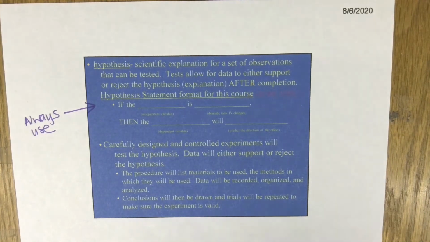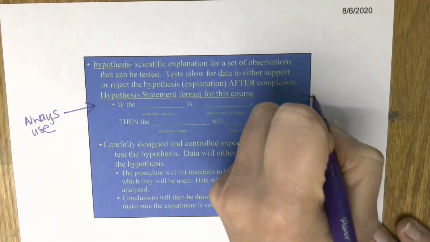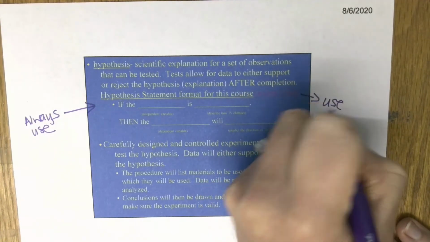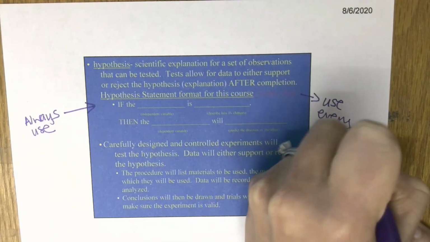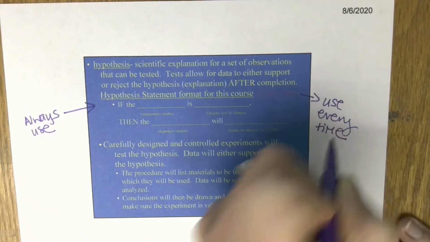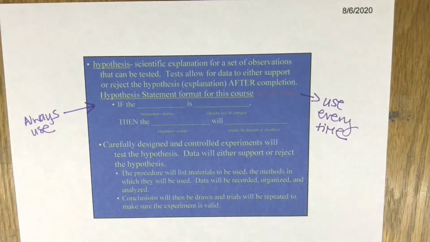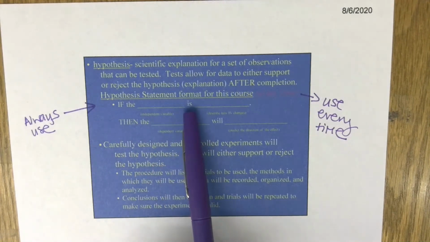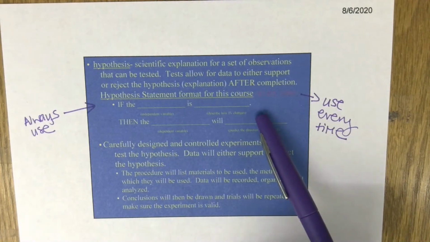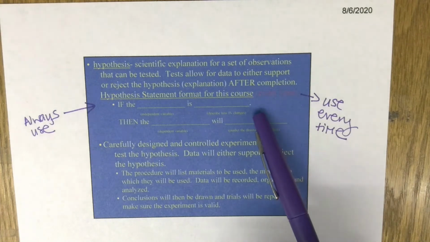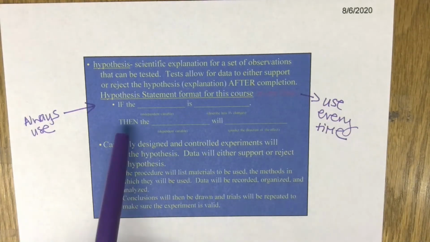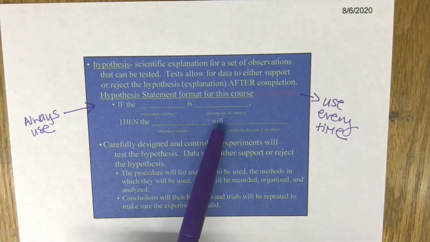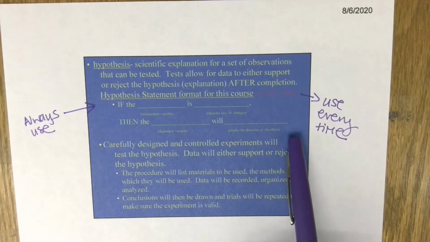So for us, and right here it says every time, so I'm going to say the same thing here. Use this every time when you're writing a hypothesis in this class. It says if the independent variable is, and then that little set of parentheses says describe how the independent variable changes, then the dependent variable will, and then you predict the direction of the effect.